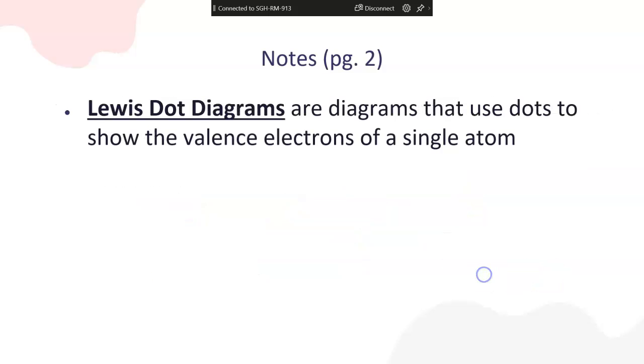Okay? So these are our Lewis dot diagrams, and there were some examples. We can do some more. For example, we also have chlorine, which has 7 valence electrons. So when we draw its Lewis dot diagram, we start single: 1, 2, 3, 4, 5, 6, 7.